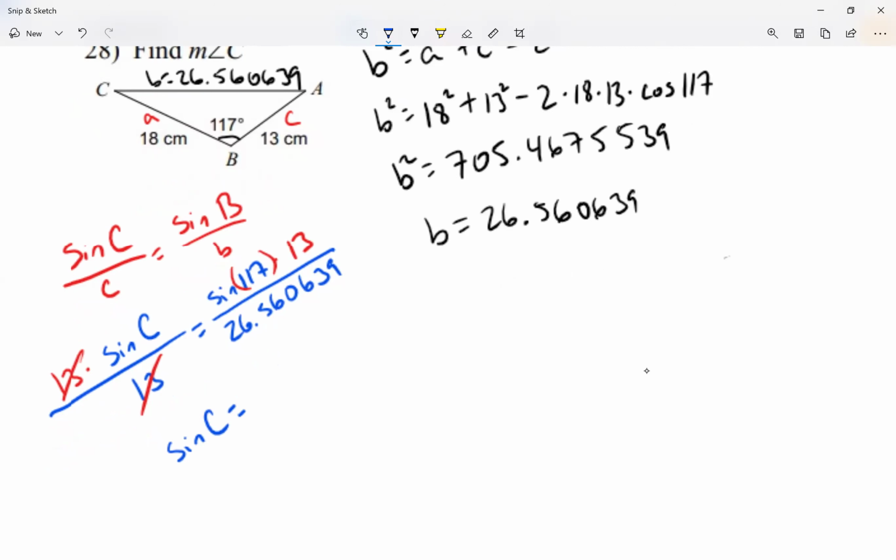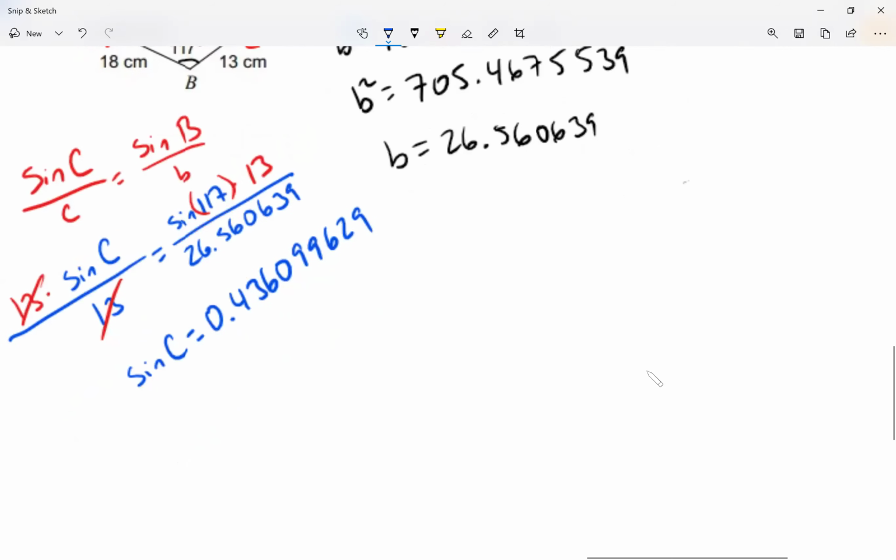Sine of 117 times 13 divided by 26.560639. My calculator gives me 0.436099629. I don't really want to round too much because I want my answer to be accurate.